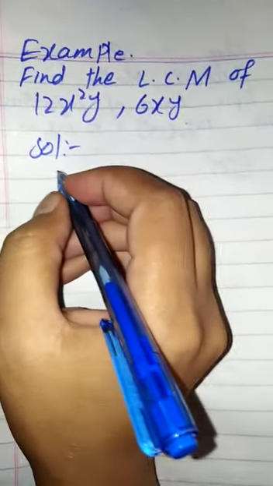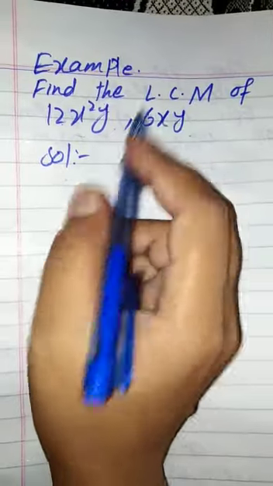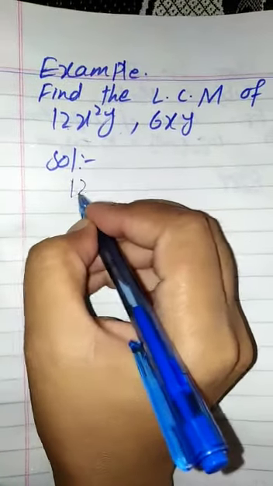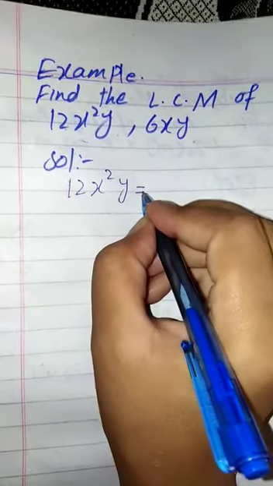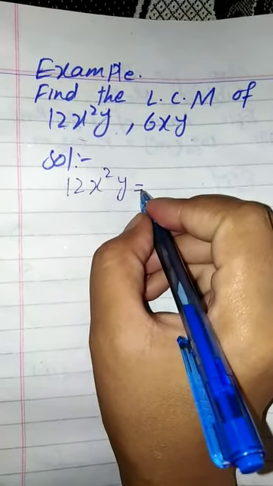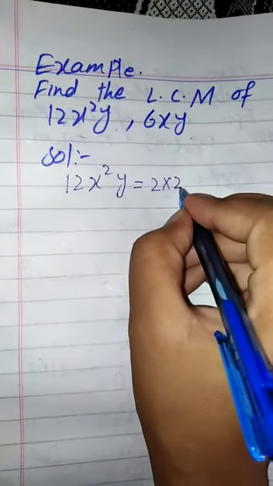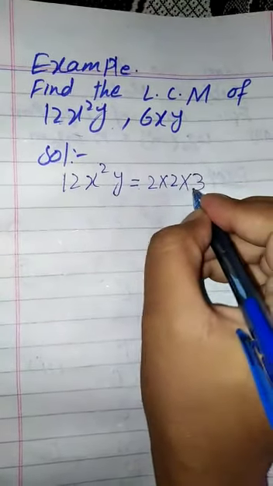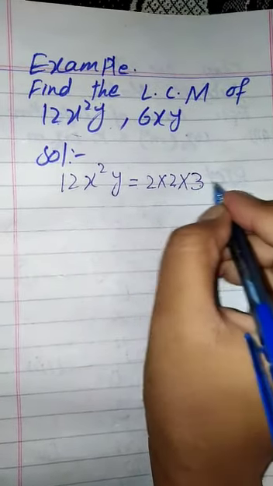First of all, we will find the factors of 12x square y and 6xy. 12x square y is equal to, what are the factors of 12? The factors of 12 are 2 multiplied by 2 multiplied by 3. 2 2s are 4, 4 3s are 12.